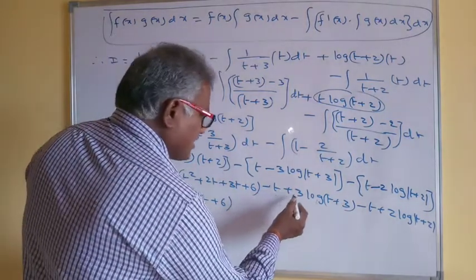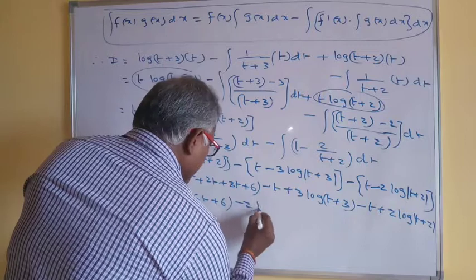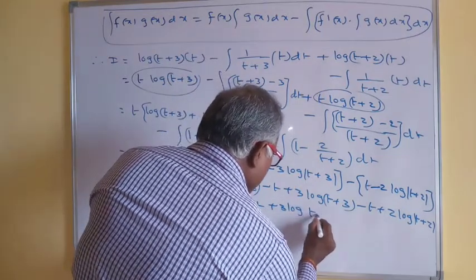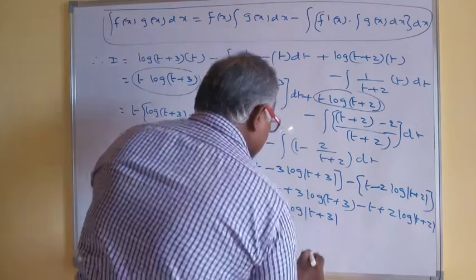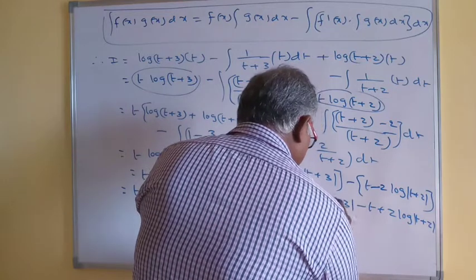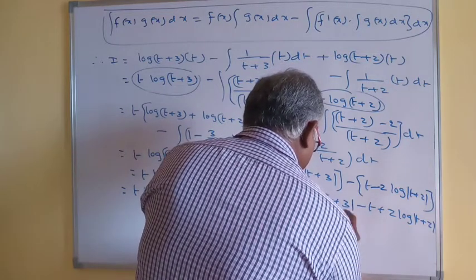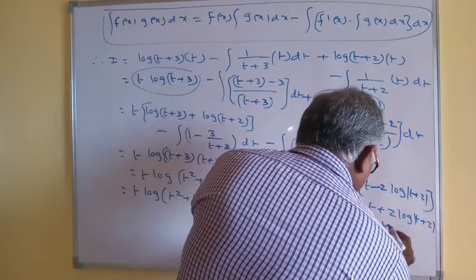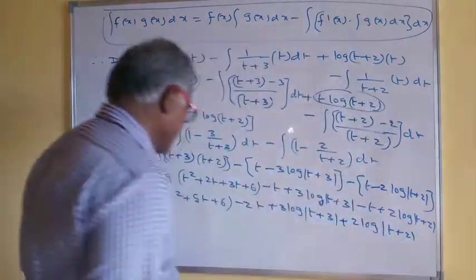Here you see minus t minus 2t, here plus 3 log of t plus 3. Next, plus 2 into log of t plus 2.